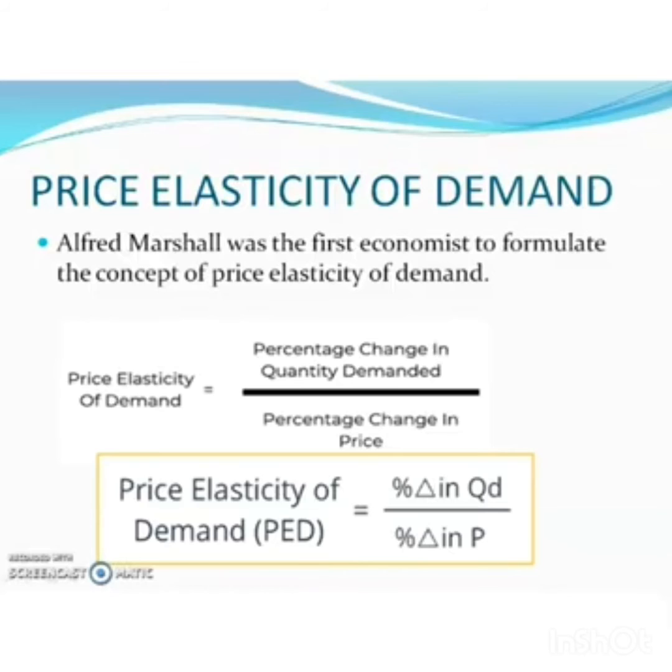This formula was introduced by Alfred Marshall. According to him, price elasticity of demand is equal to percentage change in quantity demanded divided by percentage change in price. Mathematically it is represented as percentage change, where this triangle shape indicates change in quantity demanded.